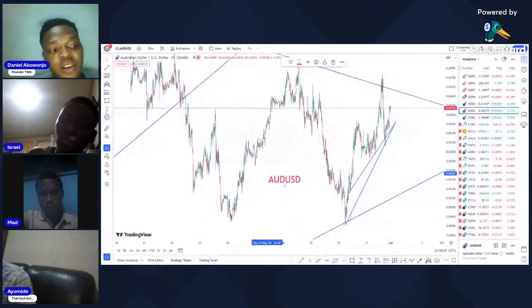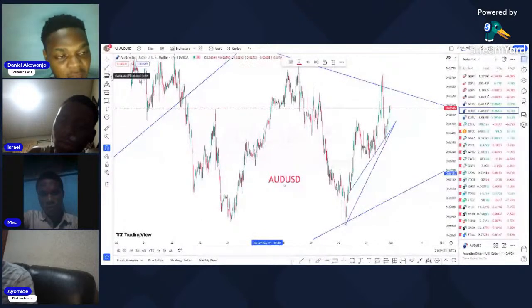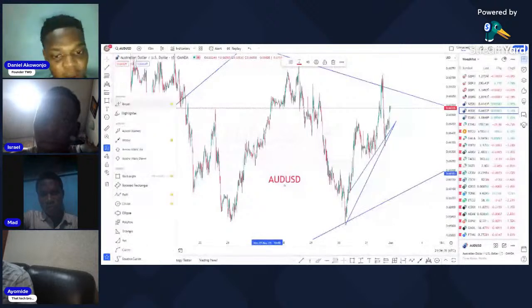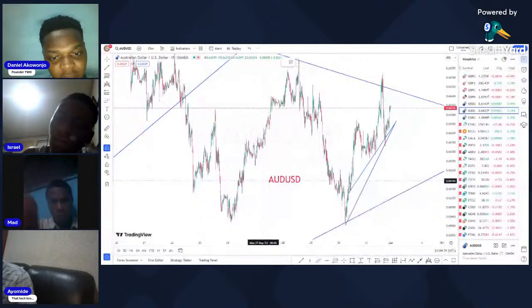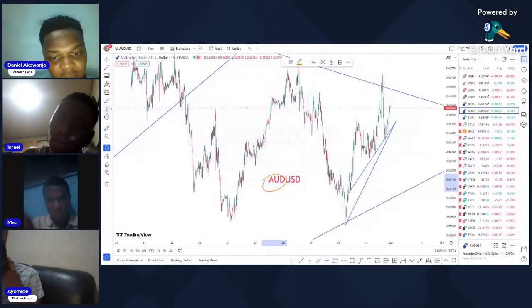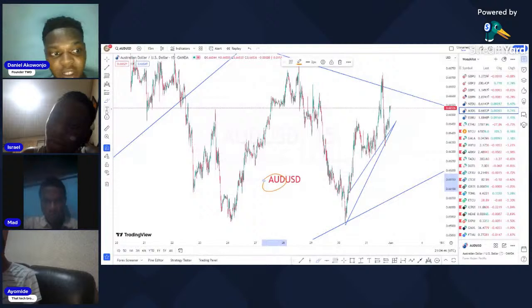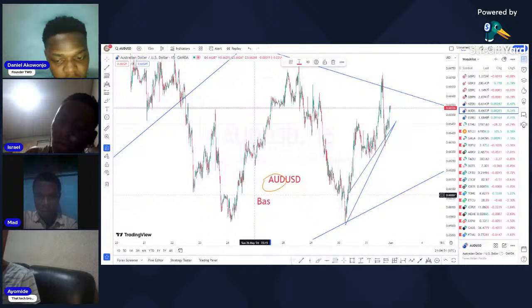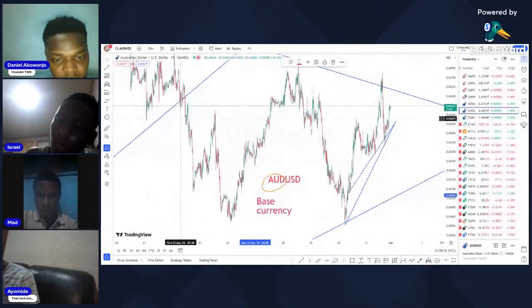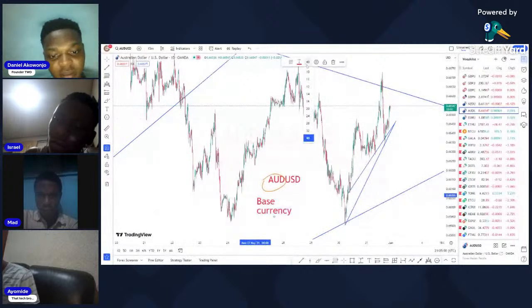Take note that the very first currency you have here, which is AUD, is known as the base currency.